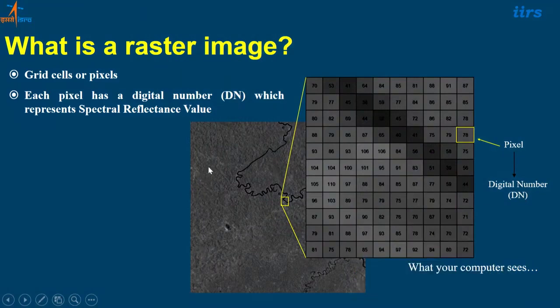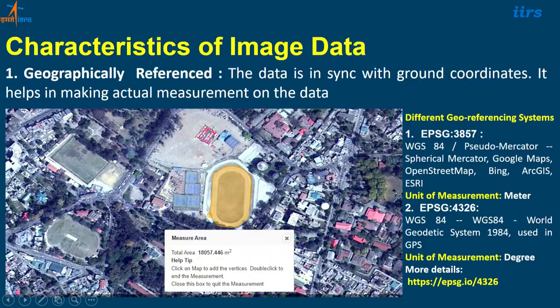This is the way you see the image, whereas your computer sees the image in this form. I am just talking about a satellite image now. The computer is seeing that image in this form. So each pixel has a digital number which represents the spectral reflectance value. In a satellite image, these numbers are representing nothing but just the reflectance value from the surface of the earth by that object basically.